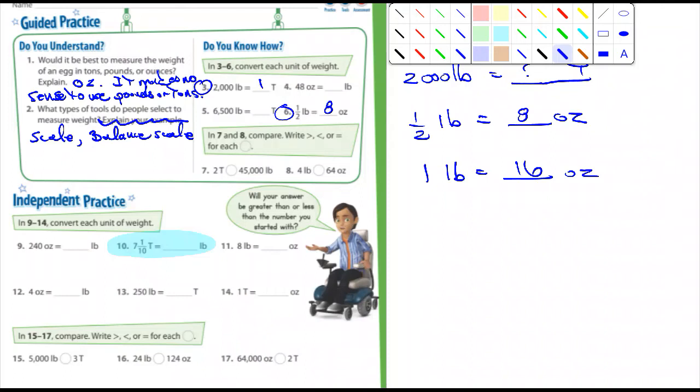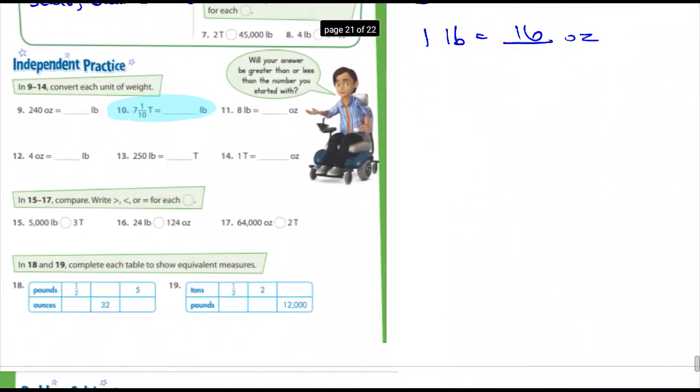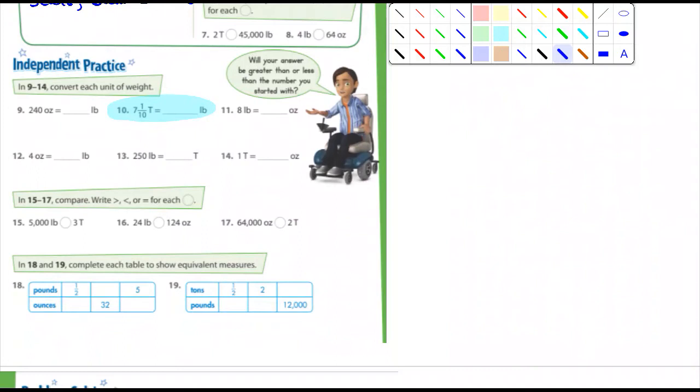I wanted to jump down and look at number 10. Number 10 here. It says 7 1/10 of a ton equals how many pounds? So let's break this up into 2 easy ways to figure this out.